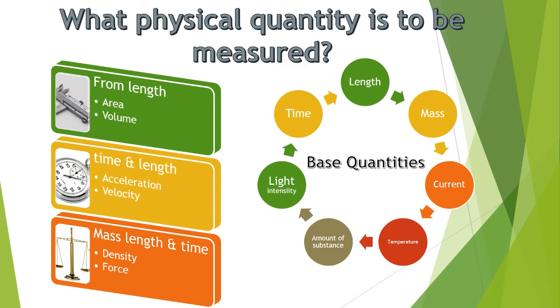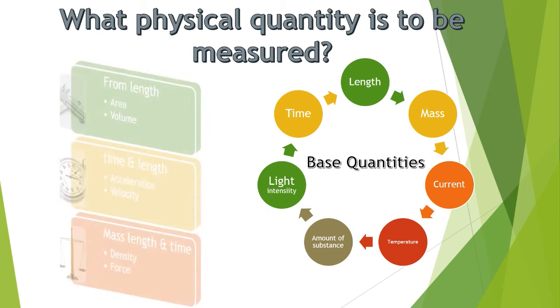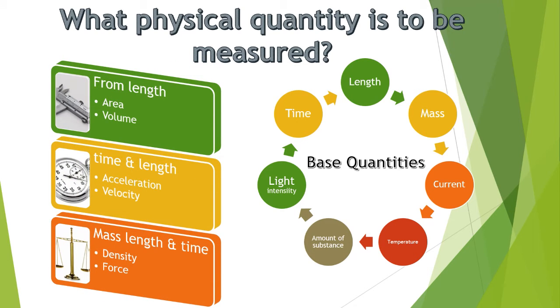For example, for length we use Vernier calipers, screw gauge, etc. In the case of derived quantities, if we wish to measure the volume or area of an object, we need to measure its length, width or height, which are again different types of lengths. So again we need to use length measuring instruments.